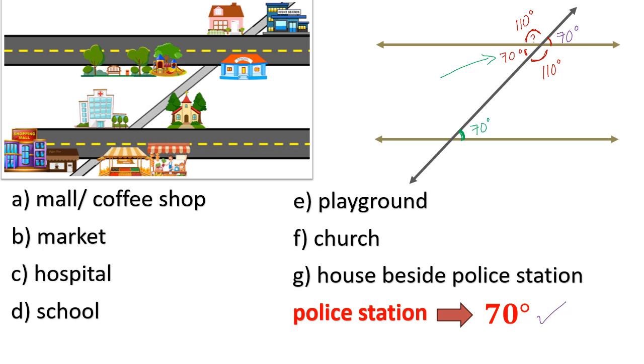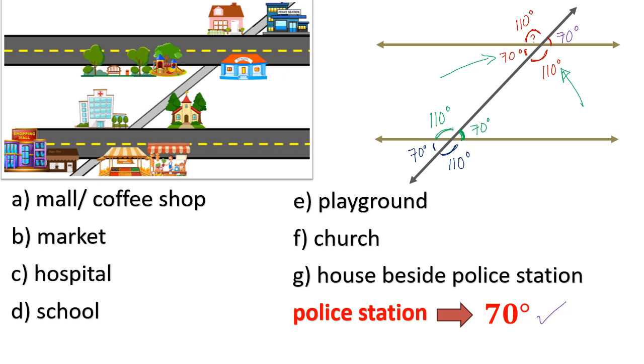On the other hand, this portion will be equal to this angle, which is 110 degrees, right? And last two, I'm going to consider the vertical angle this time, which is this angle measures 70 degrees as well. And lastly, this one will measure 110 degrees. We're done.